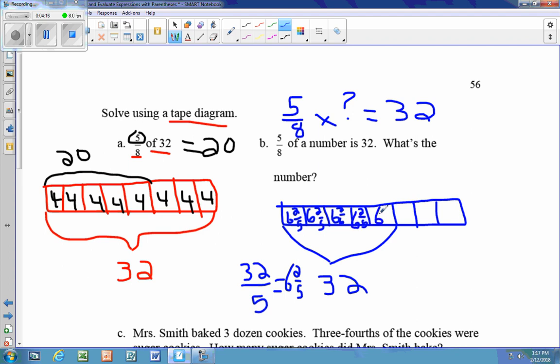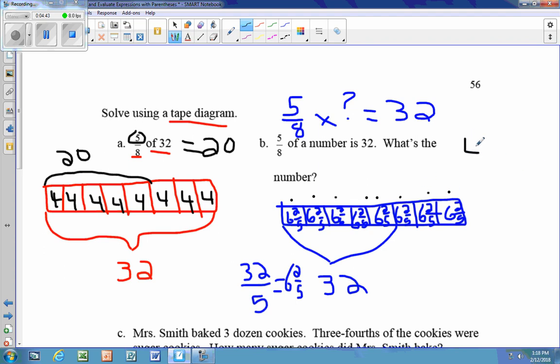Since all of these are 6 2/5, we know that everything is 6 2/5, so we're going to add them all to here. To figure out the whole thing, we're going to add it all up. So we have 1, 2, 3, 4, 5, 6, 7, 8 6s.